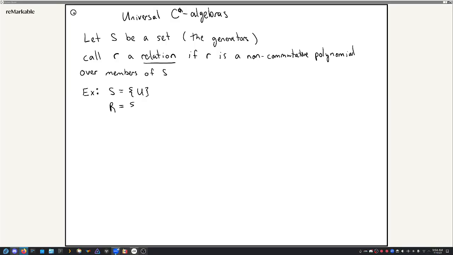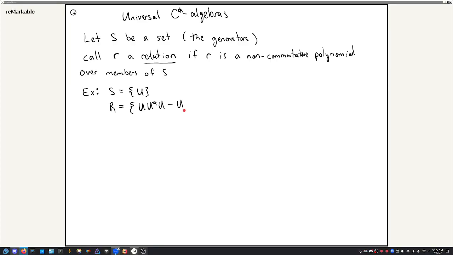That's going to be a set of polynomials in U. And since we're not assuming C-star algebras have units, these polynomials shouldn't necessarily have constant terms. But I could have the relation U star U minus U.